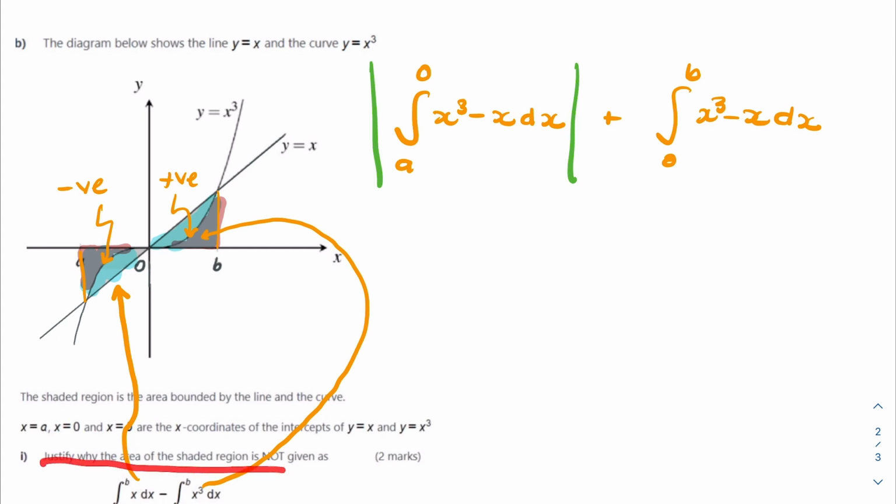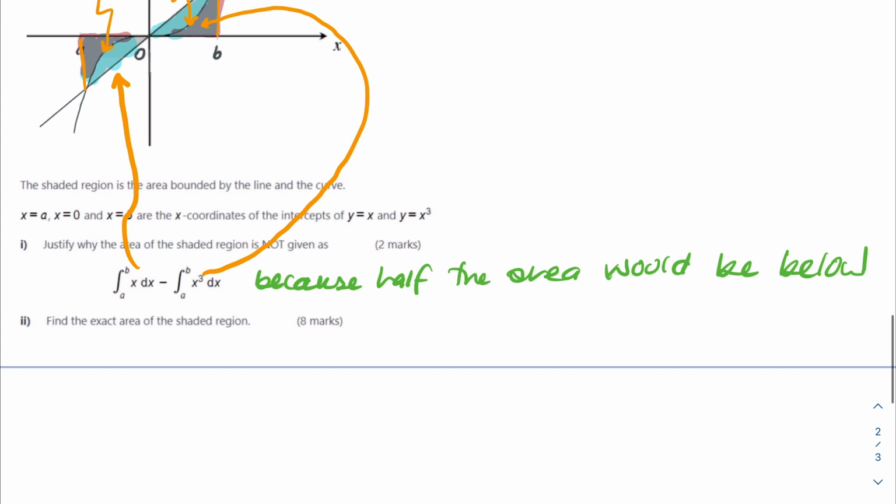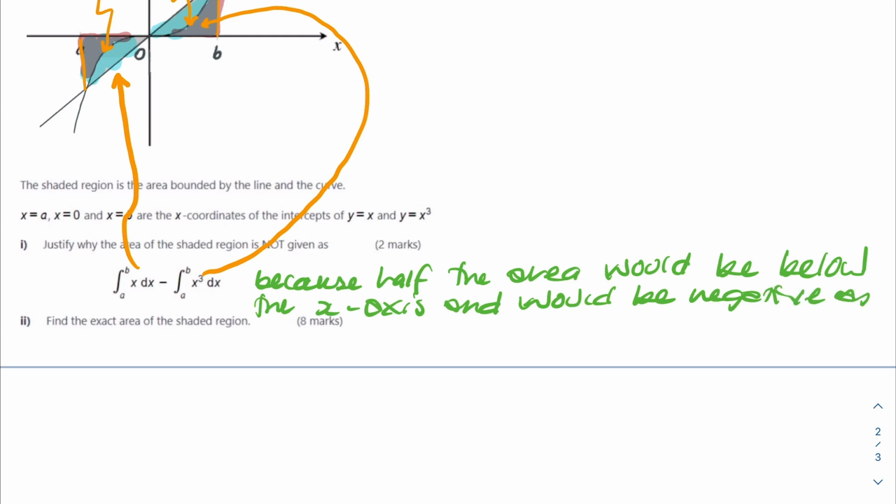So justify why the area. The answer is because half of the graph is below the x-axis. So you can say because half the area would be below the x-axis and would be negative as calculated.